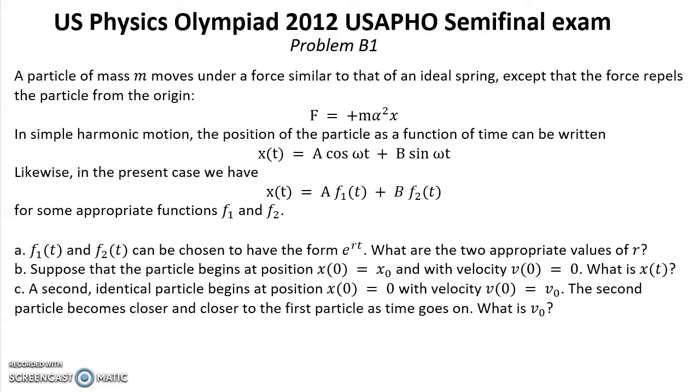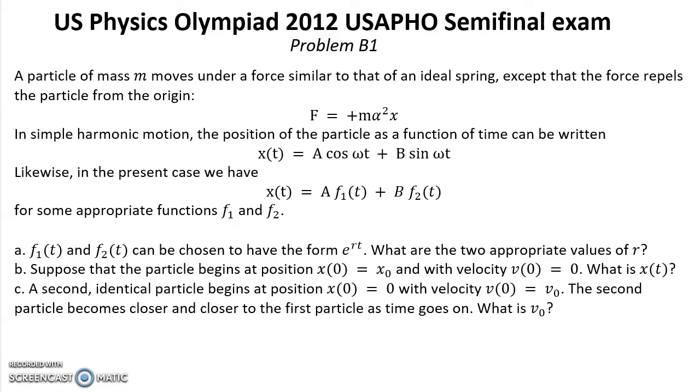Question A. f1 and f2 can be chosen to have the form e to the power rt. What are the two appropriate values for r? Question B. Suppose that the particle begins at position x at time 0 equal to x0 and with velocity v at time 0 equal to 0.